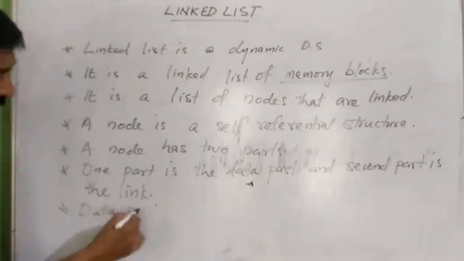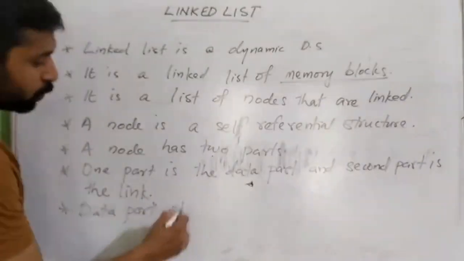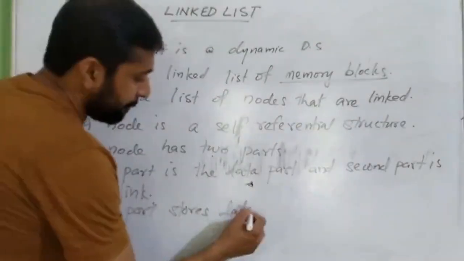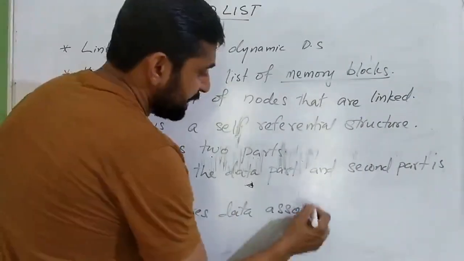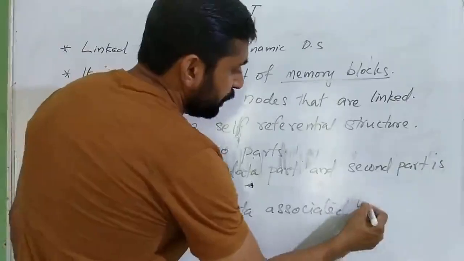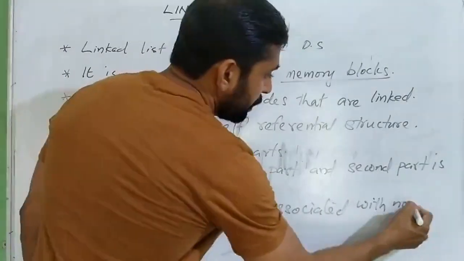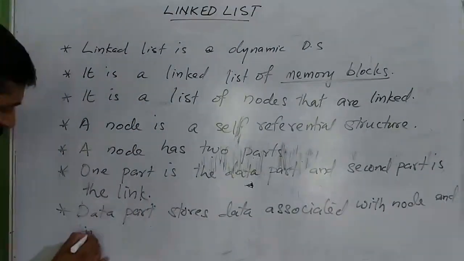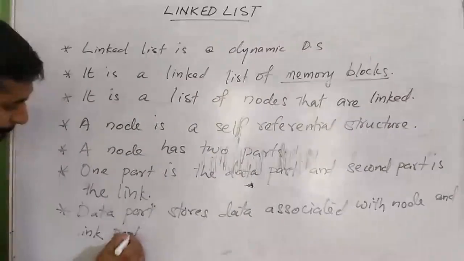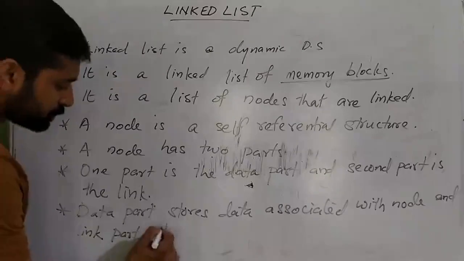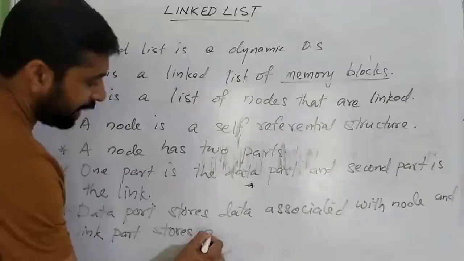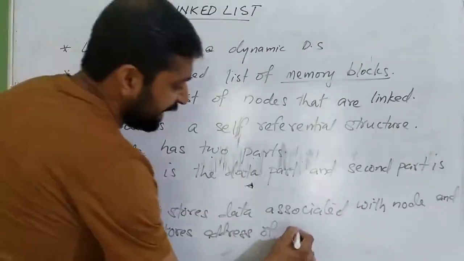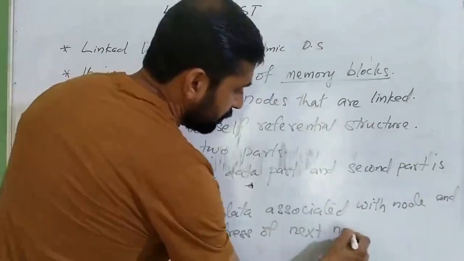The data part stores data associated with the node, and the link part stores the address of the next node.